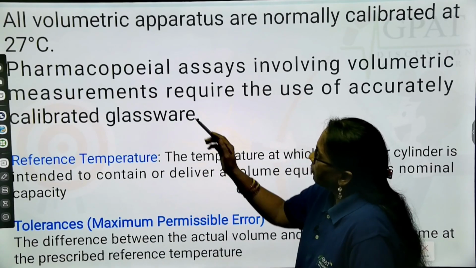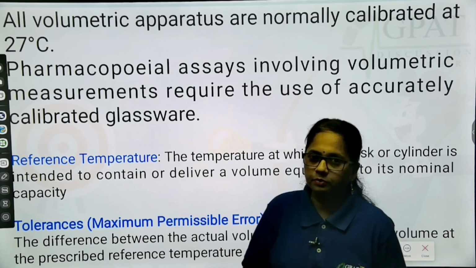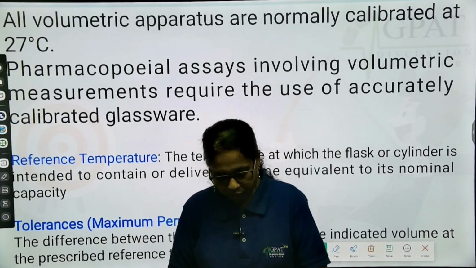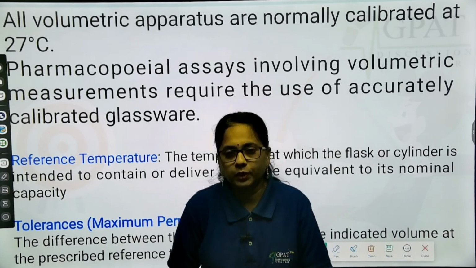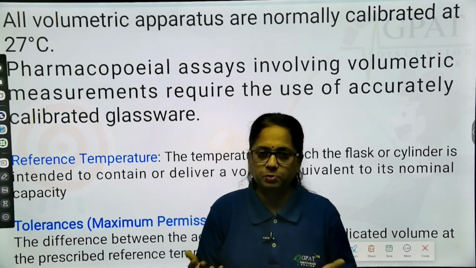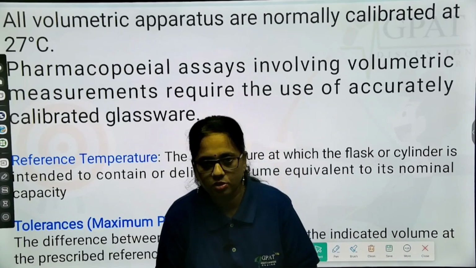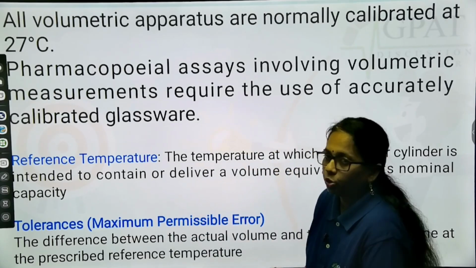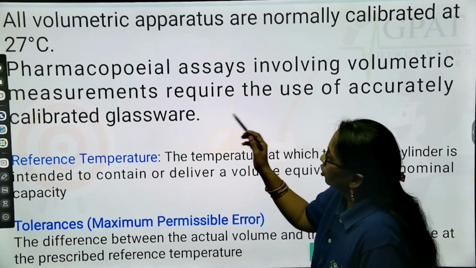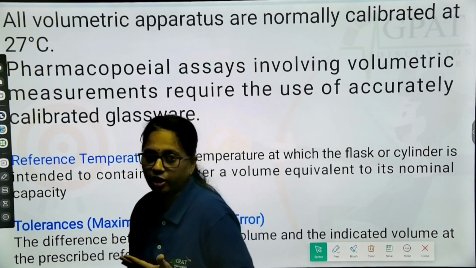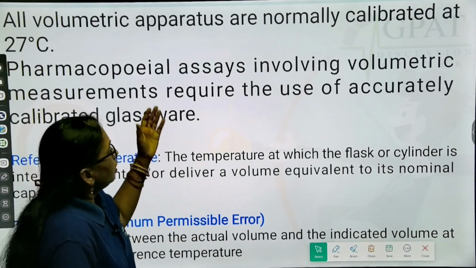So for pharmacopoeial assays, whenever we follow the pharmacopoeia, mostly for Indian pharmacopoeial compounds, whenever you see the monographs, you are going to find different numbers of tests.